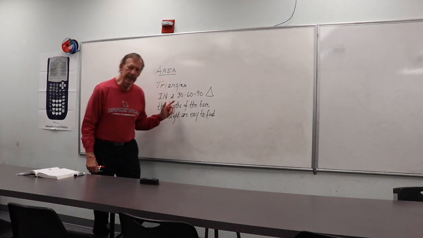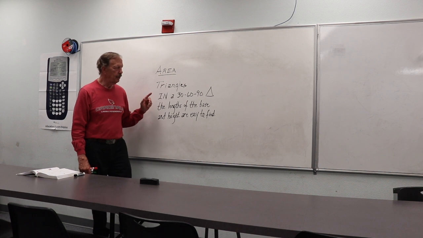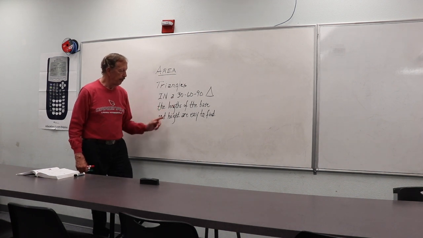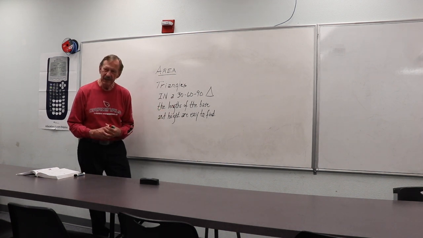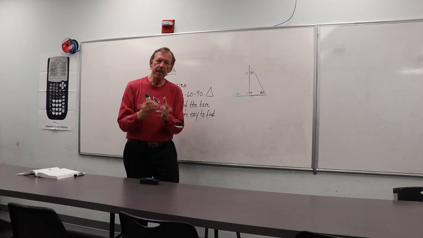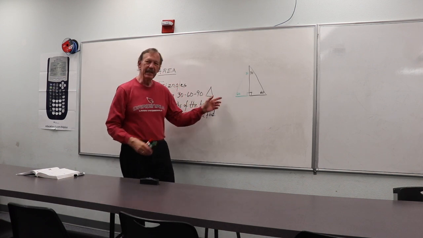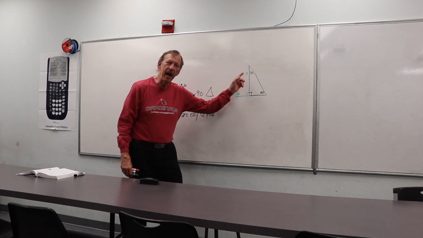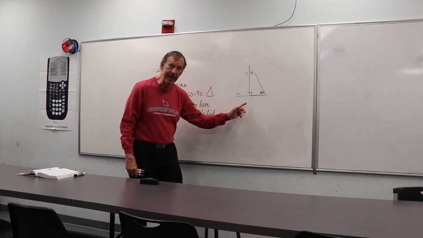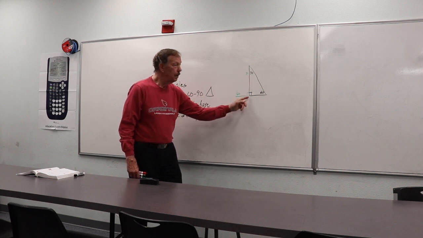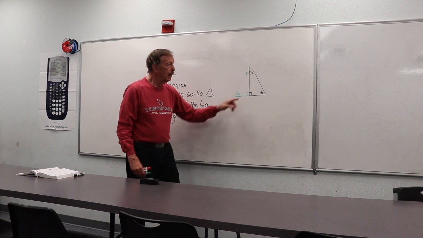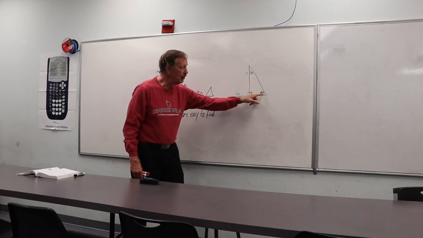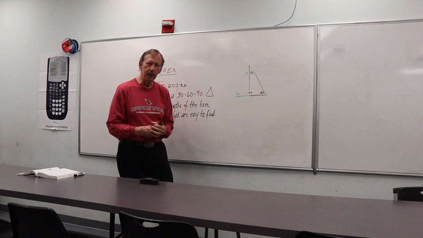In a 30, 60, 90 right triangle, the lengths of the base and height are easy to find. Remember, we get a 30, 60, 90 triangle by cutting an equilateral triangle in half with an altitude. That gives us this 30, 60, 90 right triangle.